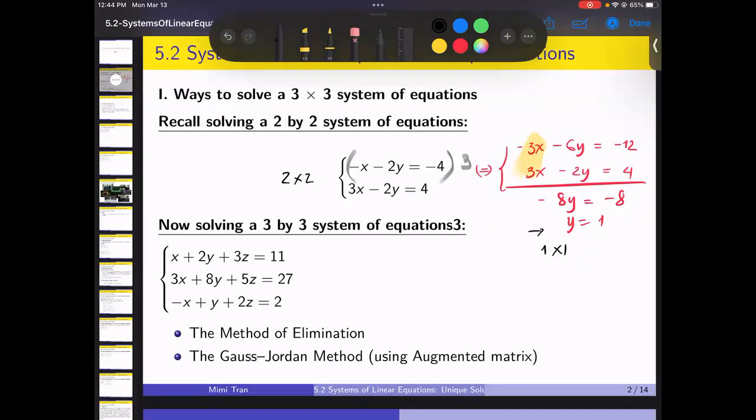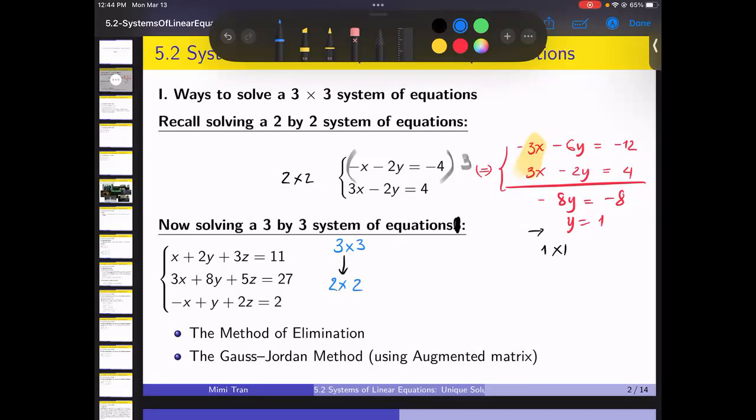We're gonna do the same thing with solving system of equations with 3 by 3. So we start out with 3 by 3. We're going to reduce it down to 2 by 2, just like the one right up there.